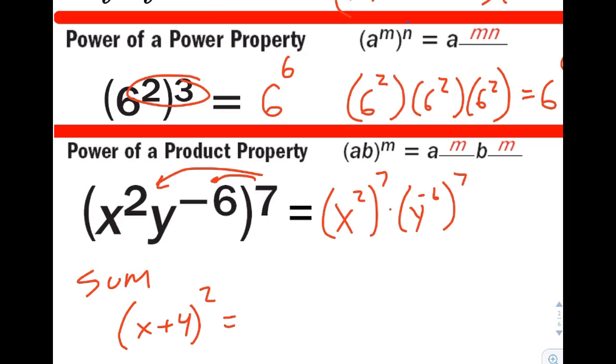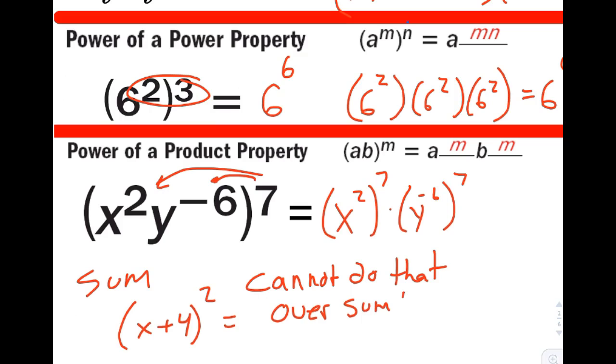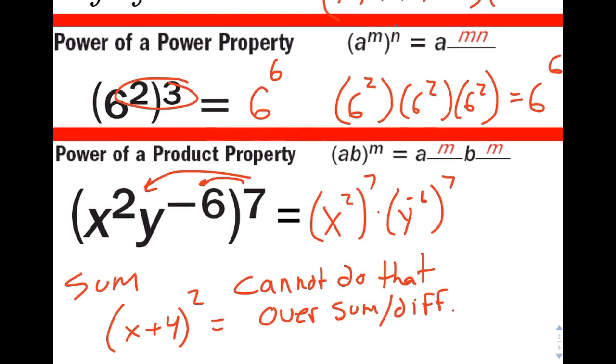You cannot do that here. You cannot do it over addition or subtraction. All right, you don't distribute this, you expand it using FOIL or using the box method or whatever other manipulative you have.